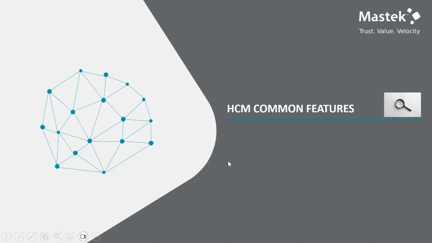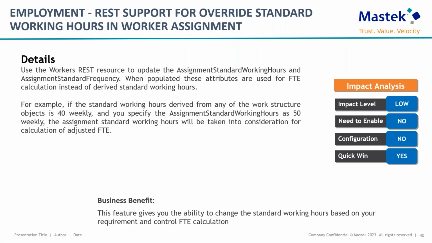Okay, now coming to the common features. Now employment, it is into employments, REST support for override standard working hours in work assignment. Like you can use the workers REST resource to update the assignment standard working hours and assignment standard frequency. When populated, these attributes are used for FTE calculation instead of derived standard working hours.